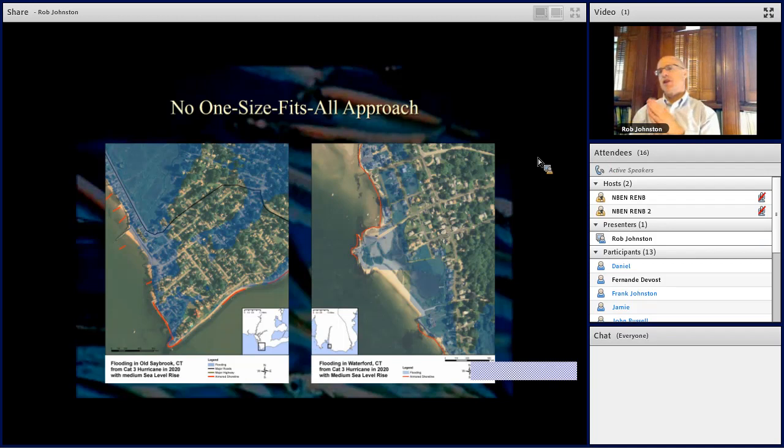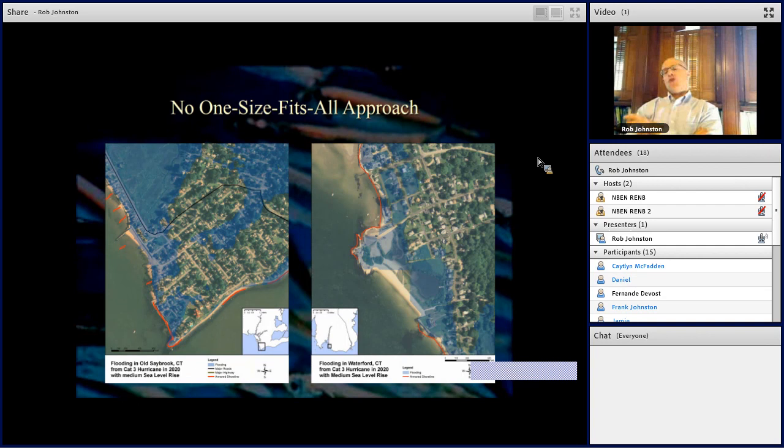In this case, it's a prediction of what would flood under a Category 3 hurricane. In Old Saybrook, where that blue area is, the predicted flooded area, a lot of closely packed little homes are going to be flooded. In Waterford, most of the area that would be flooded is either sparsely populated or open space. So you might think that what's optimal in one community is not likely to be optimal in another.